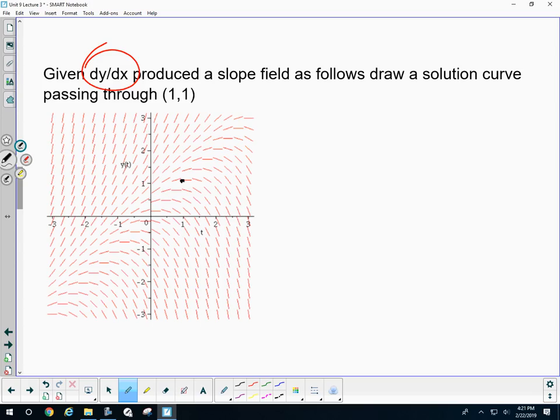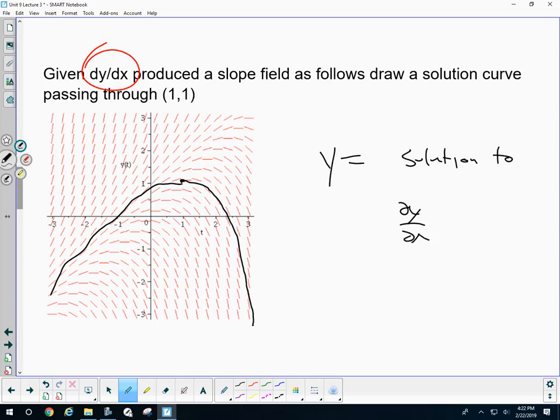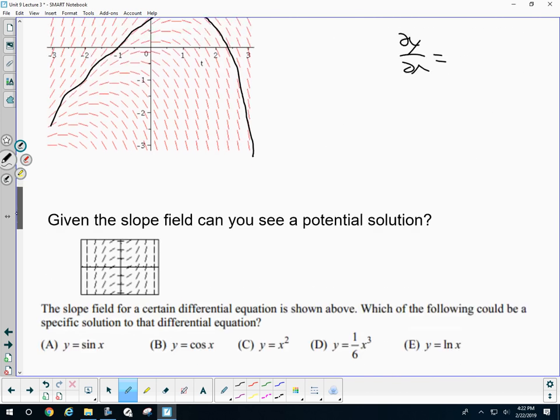All you need to do when asked this, and it's very simple, is just follow the tangent slopes and where they lead you, and what you are sketching is the potential solution, the y equals solution to whatever dy dx equals. Okay? So that's another thing.